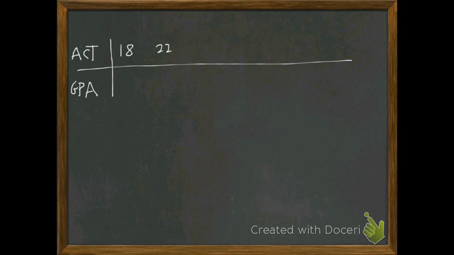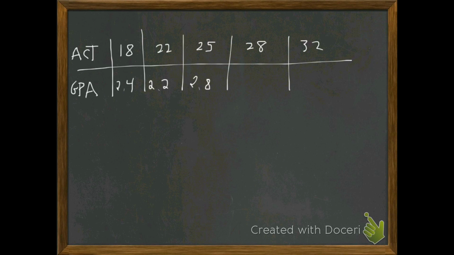Actually, I've got it written on a sheet of paper right over here. 32. And we had 2.4, 2.2, 2.8, and 2.9, and 3.5.